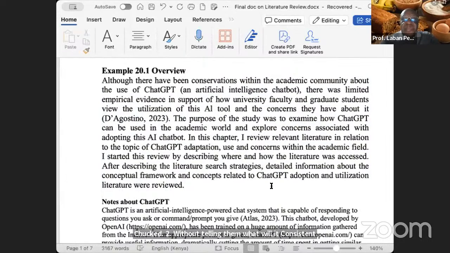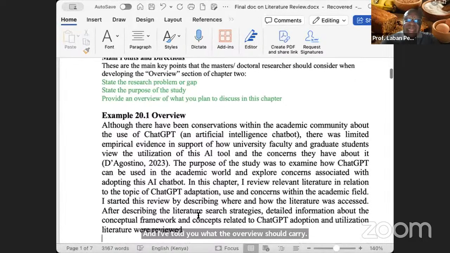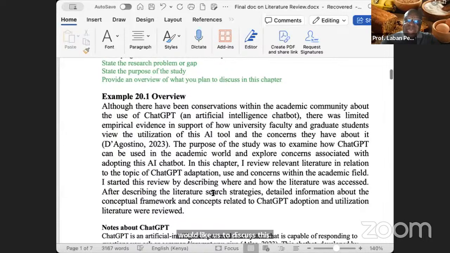There is an overview, and I've told you what the overview should carry here. And then there's an introduction I'm bringing in, and I would like us to discuss this. There's a discussion where I say I started this review by describing where and how literature was assessed.